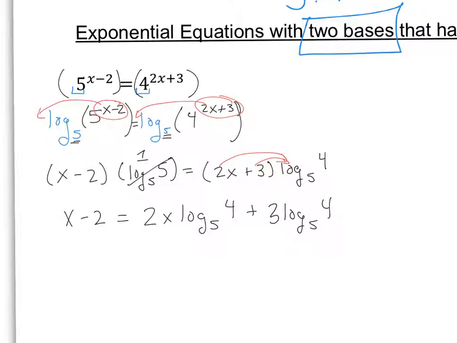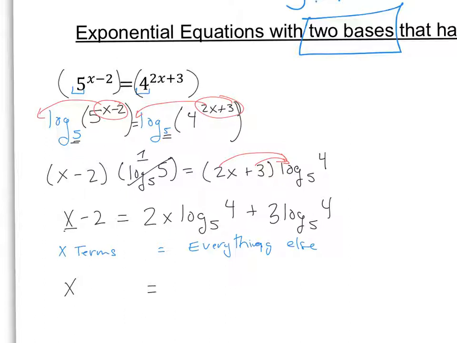Now, just like solving regular equations, I want to get all of my x terms on one side of the equation and everything else on the other side. So the x stays on this side. This x stays here.